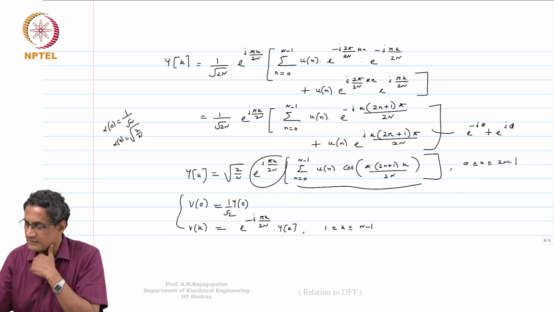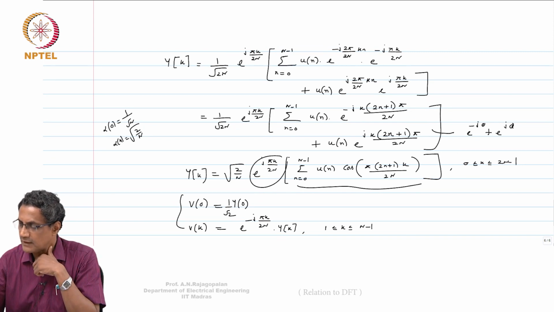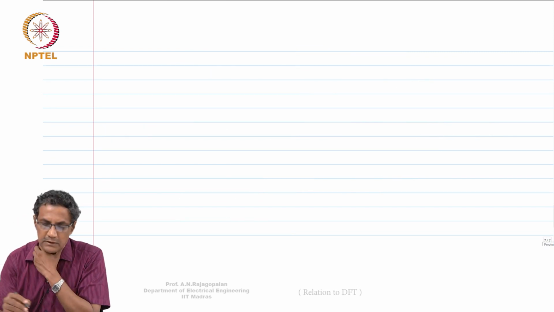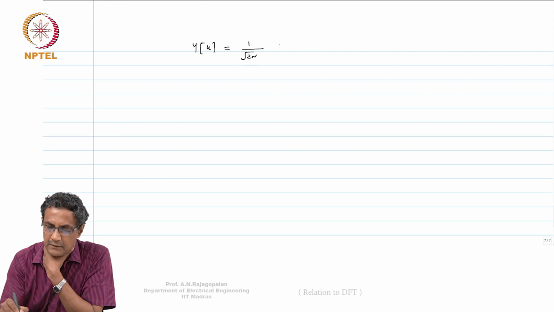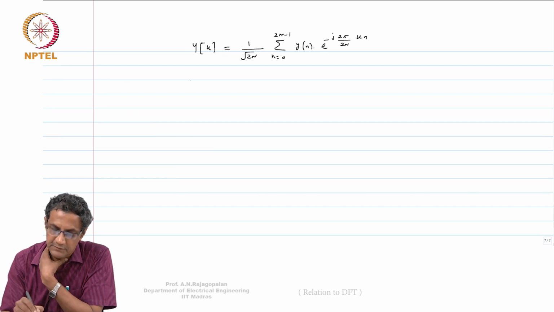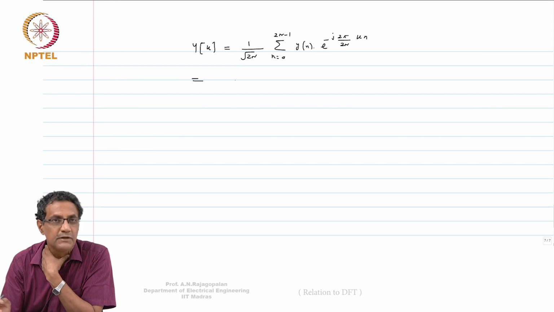This second point is easy, because computing yk, you had 1 by root 2n, summation n equals 0 to 2n minus 1, y of n e raised to minus j 2 pi by 2n kn. When you have this, we know that we can split this into even and odd.